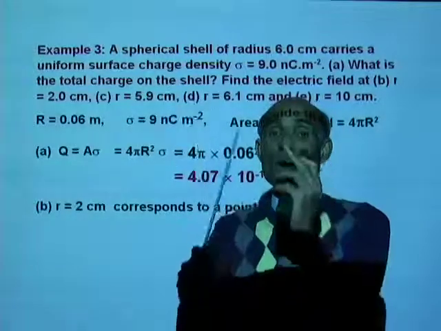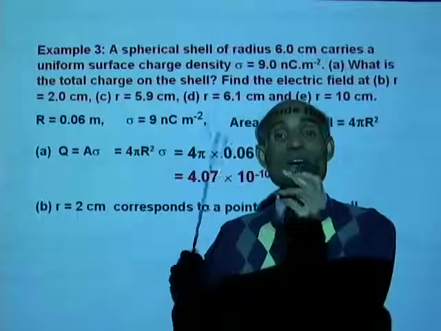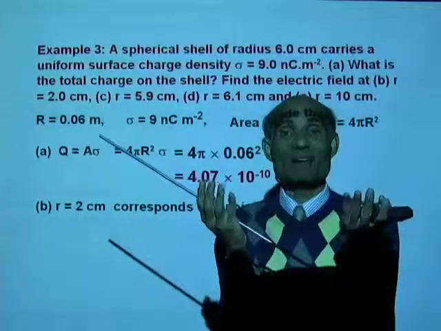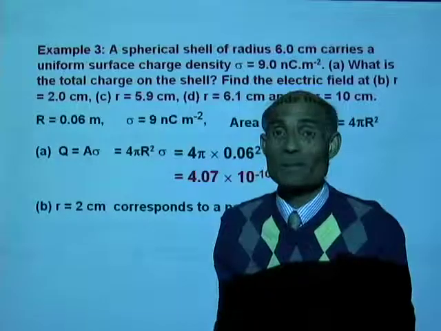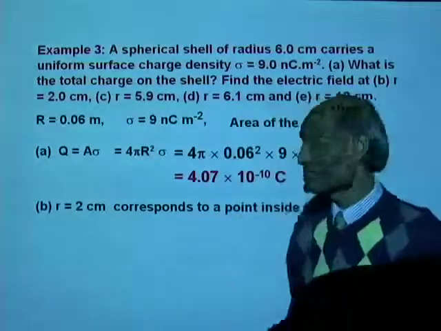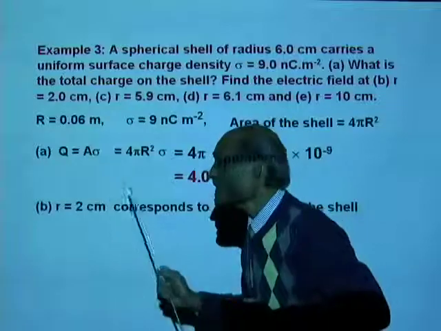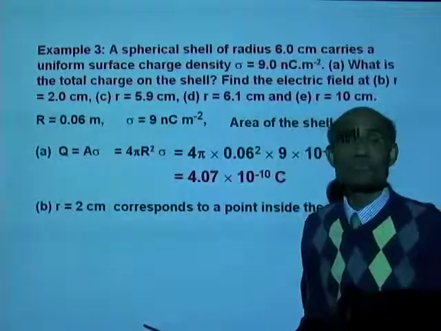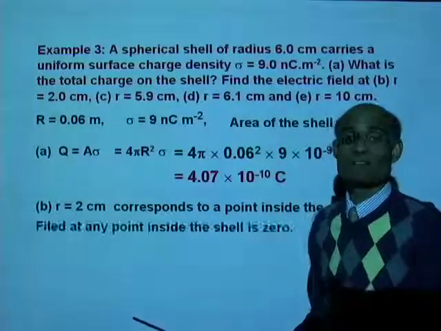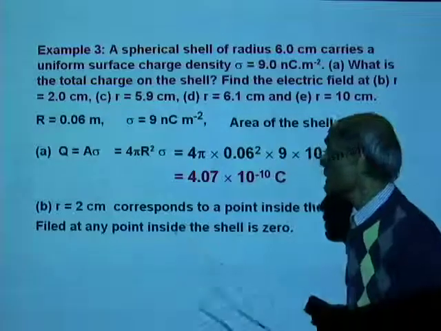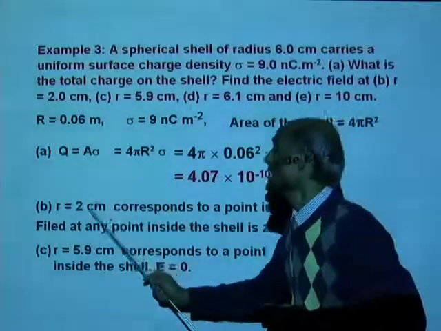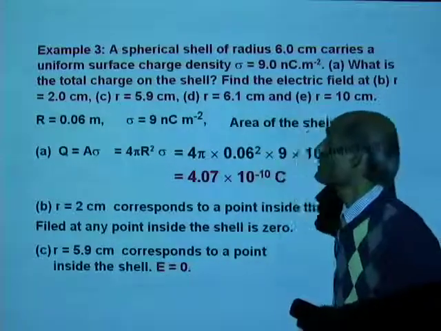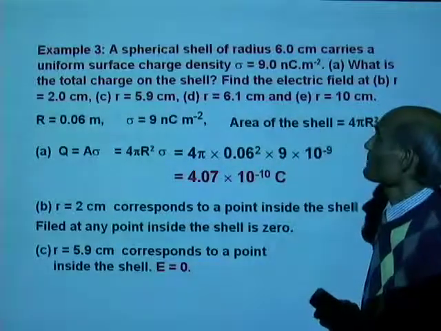Therefore, a point r equal to 2 centimeter is inside the shell. What is the electric field inside the shell? It is 0. Field at any point inside the shell is 0. Therefore, the electric field at that point is 0.